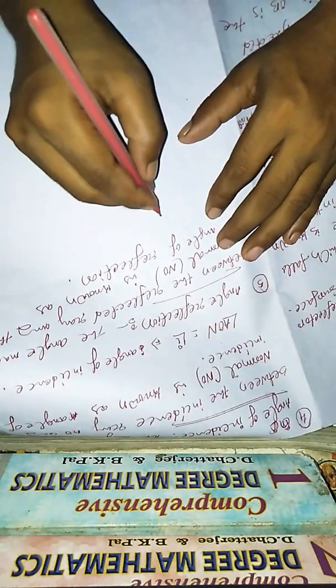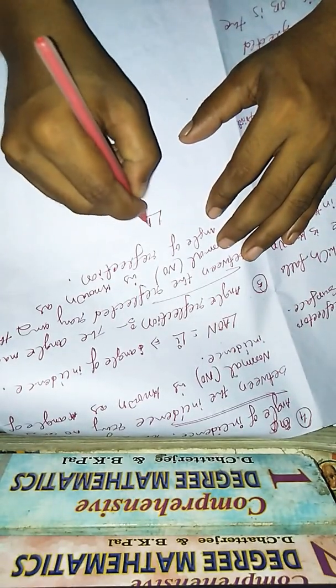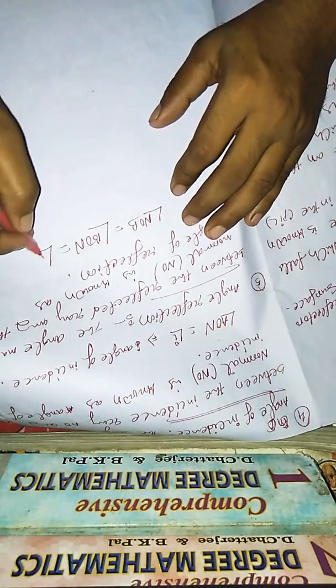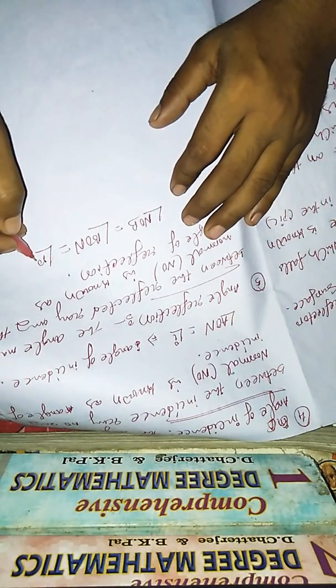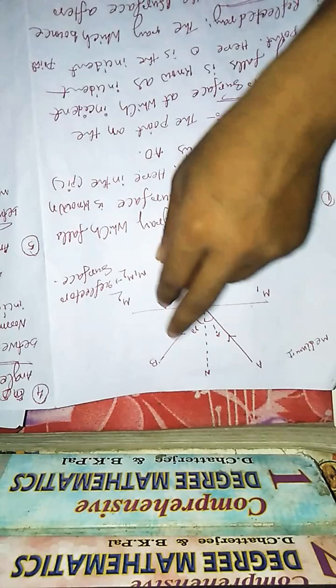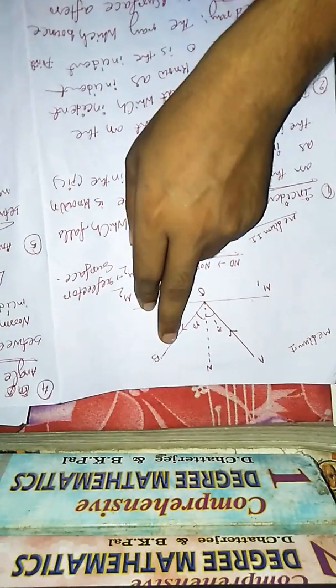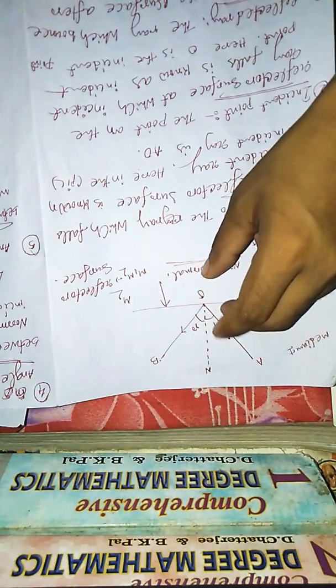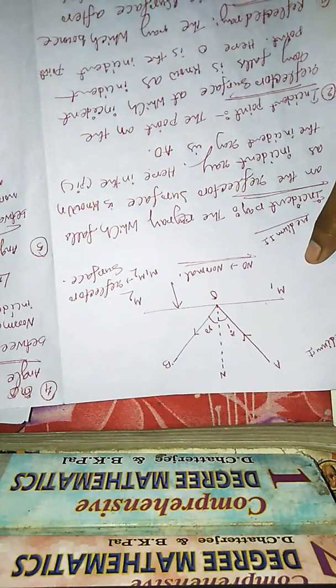So in this picture, angle NOB, or you can say angle BON, is the angle of reflection, and it is denoted by the short letter R. On this picture you can see angle NOB, the angle made between the reflected ray BO and the normal NO. So this angle is known as the angle of reflection.